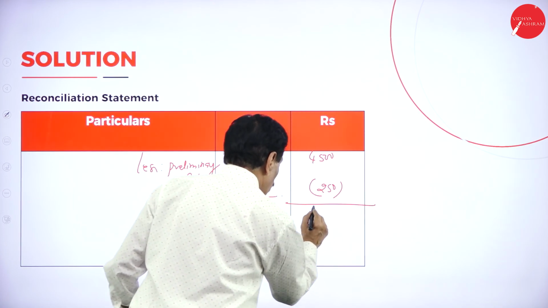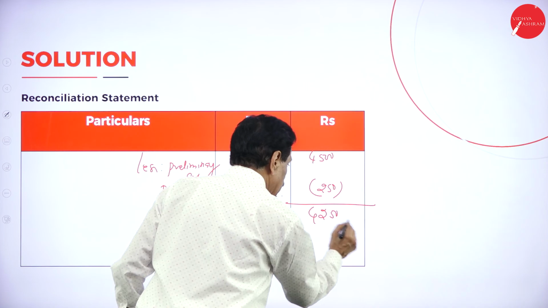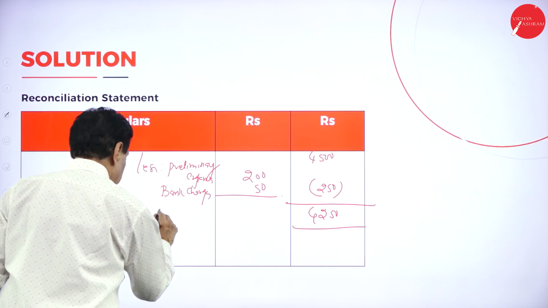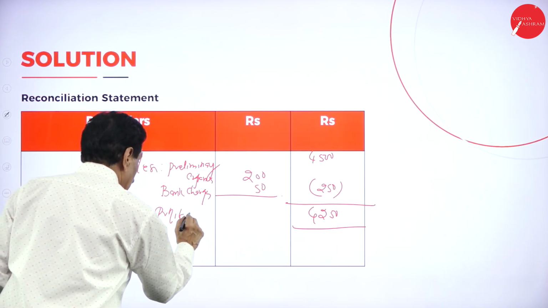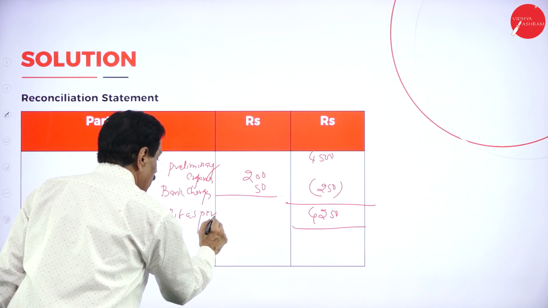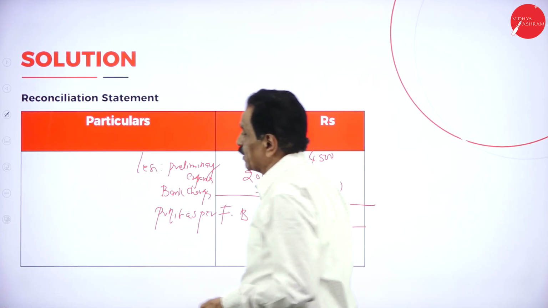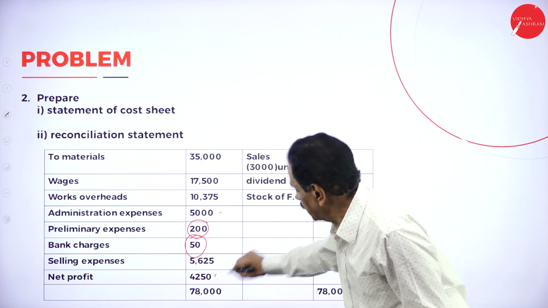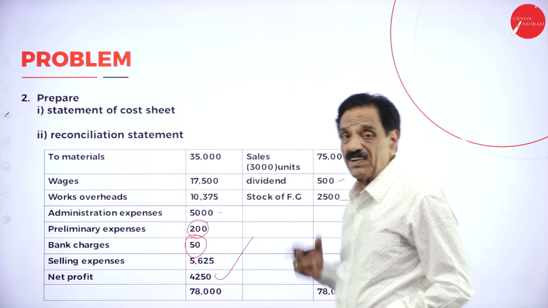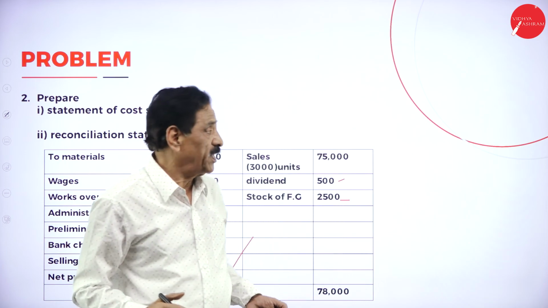Deduct from 4,500, giving 4,250. Profit as per financial book. See how much you got in the financial book. So we have arrived. We arrived at 4,250 here.